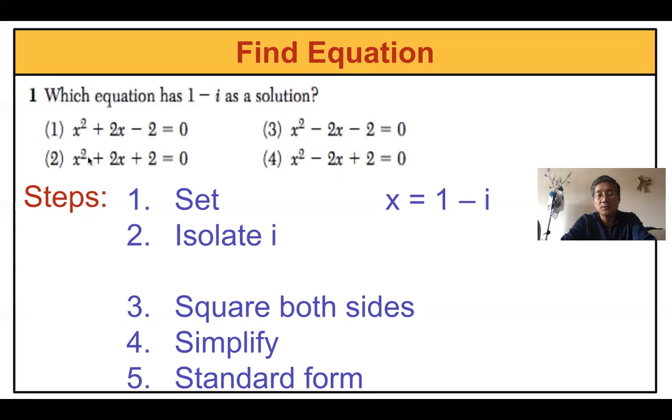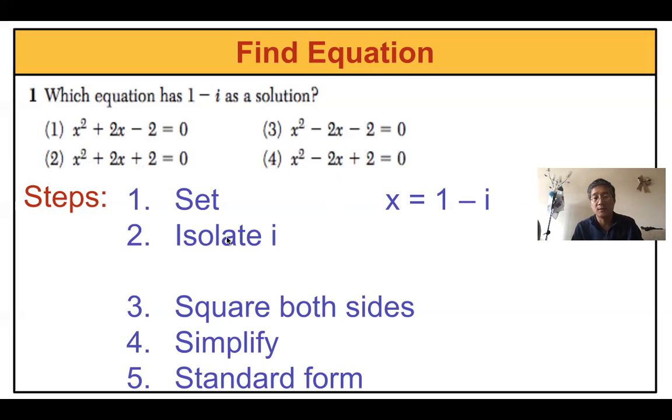Now what should we do? We should isolate i, because you should remember, the original equation doesn't have an i or a square root, right? Then we should eliminate that. How do you eliminate it? By squaring it. So before squaring it, you should isolate i alone.